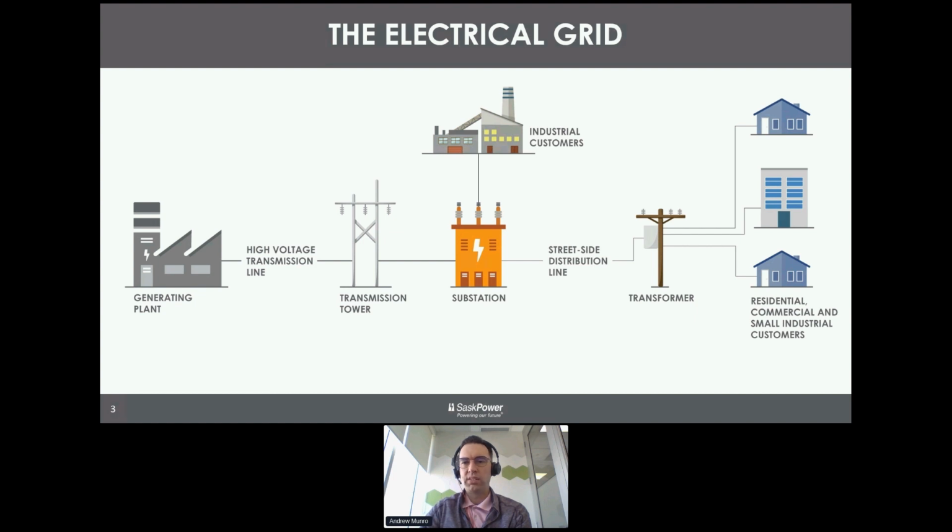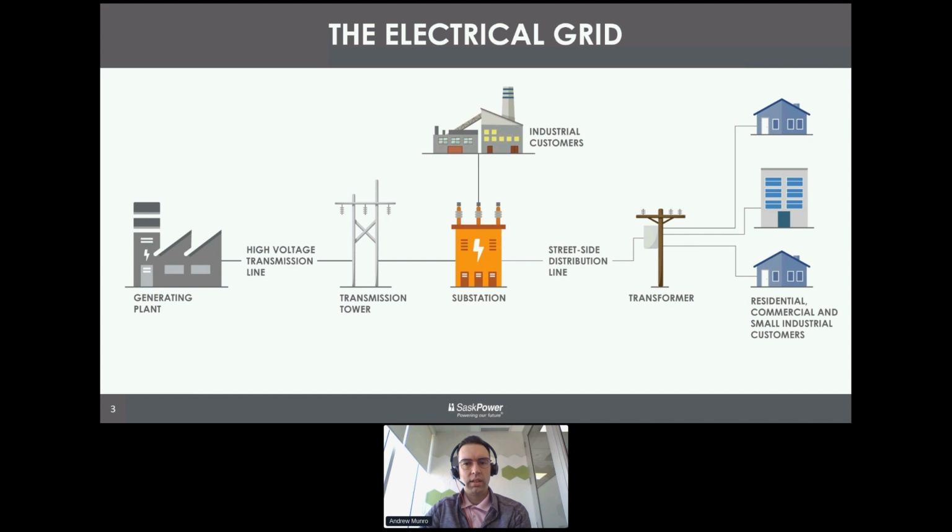Cars move on a highway just like power moves on a transmission line. If one highway is closed, or the transmission line is down, then cars and power can usually take a detour to a parallel road or line in order to get to the same destination. This is one of the many benefits of a gridded system, which includes redundancy.